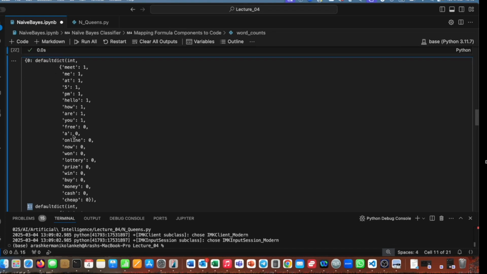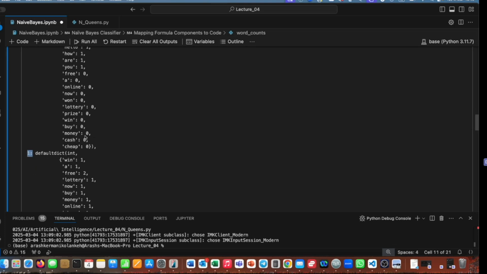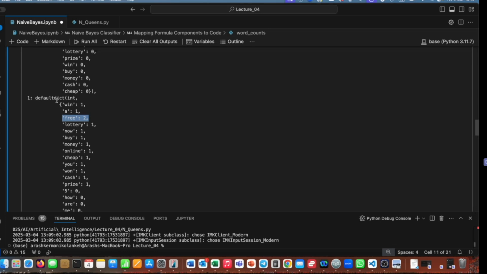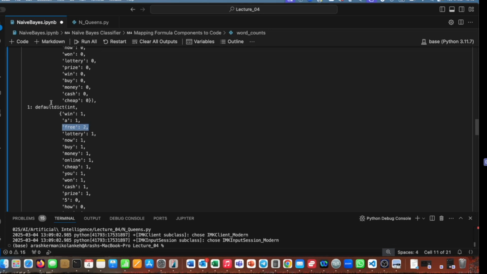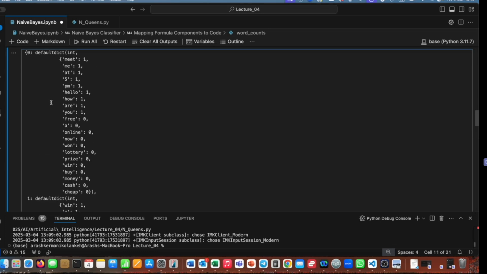And in each class, it says how many times each word from the vocabulary is repeated. We have just the word free, which is repeated 2 times in class 1. Do we have it in class 0? No, in class 0 we don't have it.